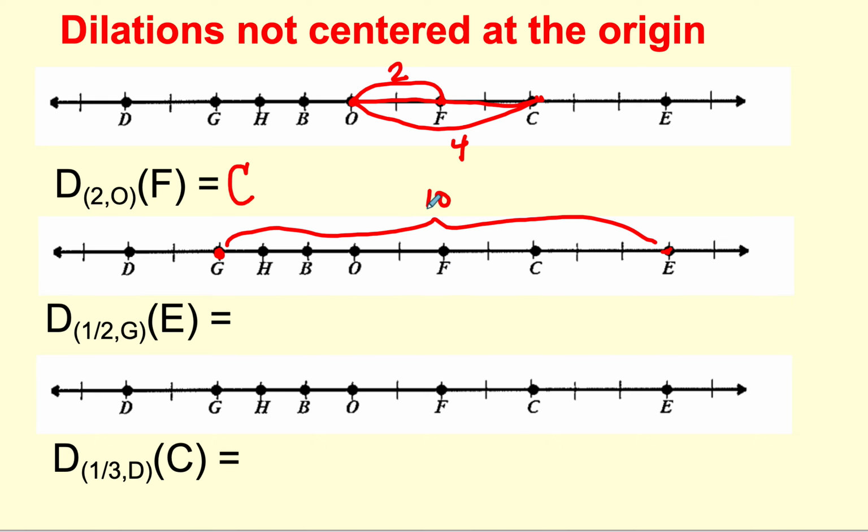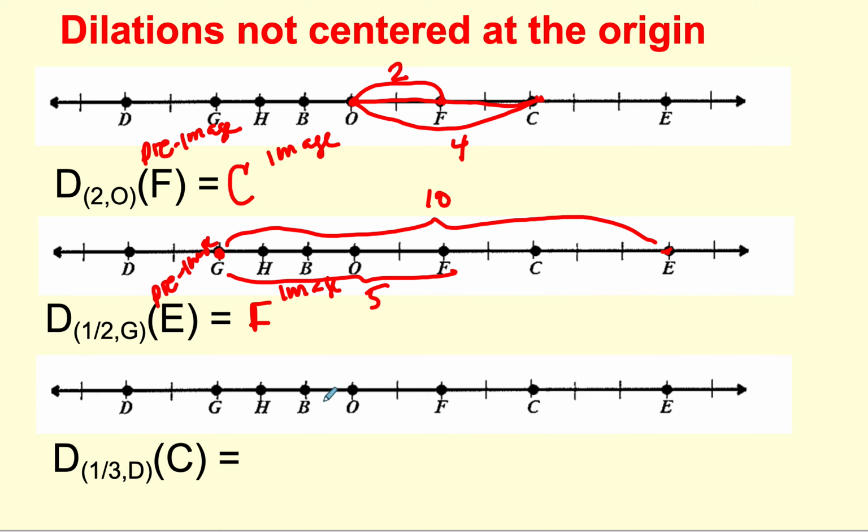Half of 10 is 5. 1, 2, 3, 4, 5. So we want to bring it in halfway. That means our new location will be F. This is the pre-image. That's where we start. And this is the image where we end.